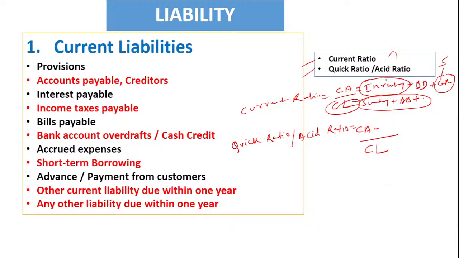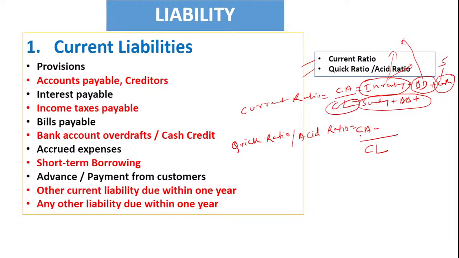Because for inventory, they have to find the buyer, and then the buyer will also demand some credit, means the goods on credit and all this. So what quick ratio says is that inventory is not that easily realizable for the company, but book debt is usually realizable. Even though the debtors of the company are not paying, the company can approach the bank, get it discounted and get the money.